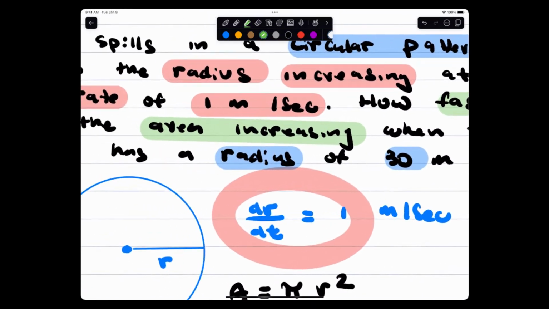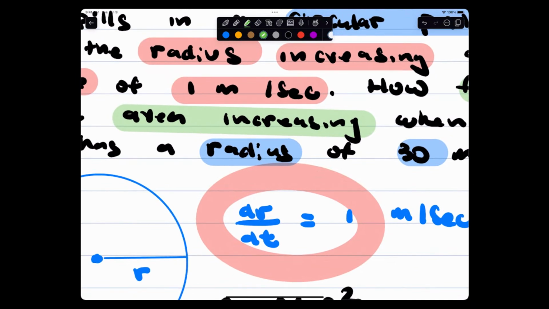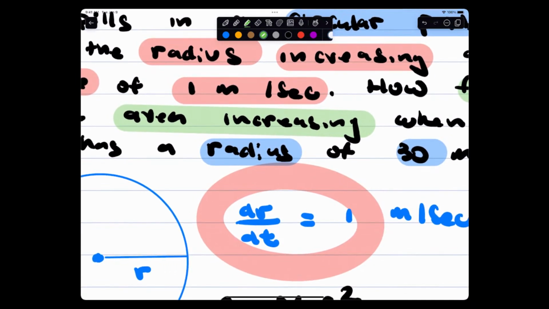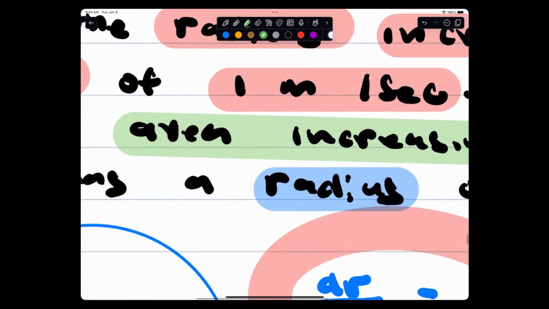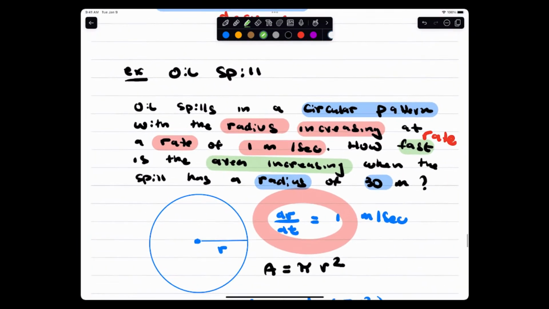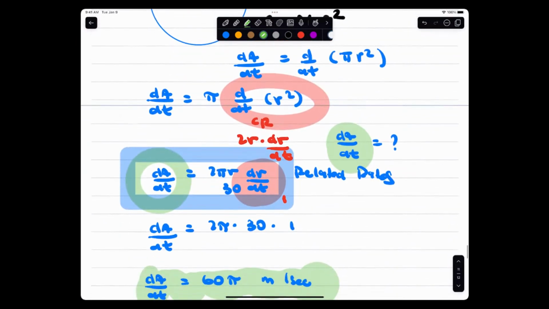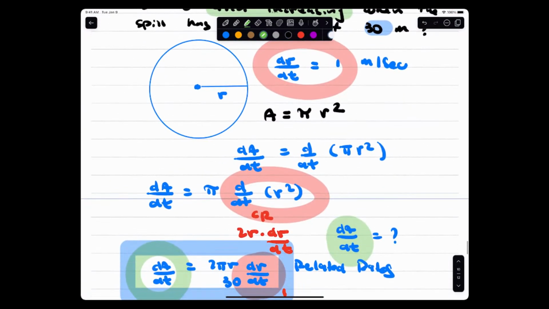It's how fast is the area. If they said how fast is the distance around, which is circumference, then you would use the circumference. Because the question is in terms of area, you've got to use the area formula. Okay, you guys okay with that? It's a classic kind of question, some geometry questions.